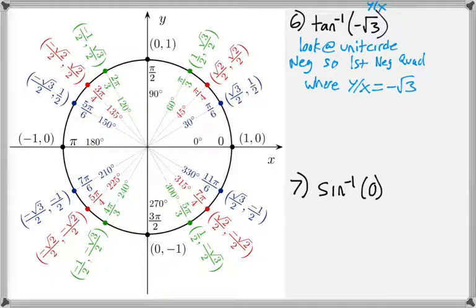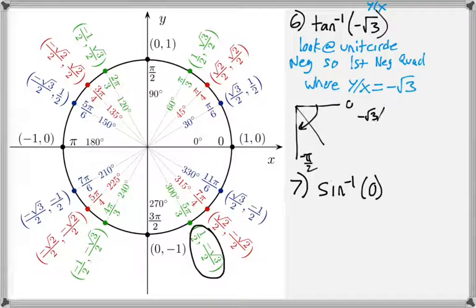So I'm looking at the first negative quadrant, so from 0 to negative pi over 2. I'm looking for an angle here. So it's actually going to be these ones here, because if you take negative square root of 3 over 2 and then divide that by 1/2, then those 2's are going to cancel out and you're going to get negative square root of 3.